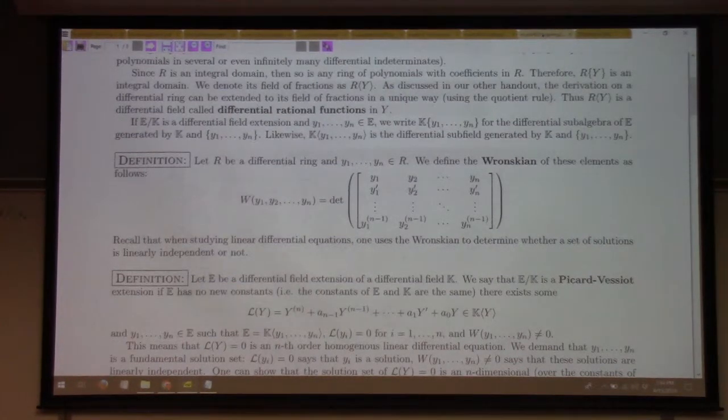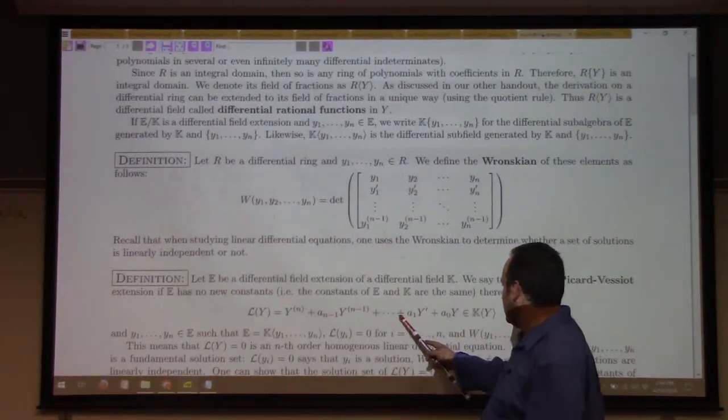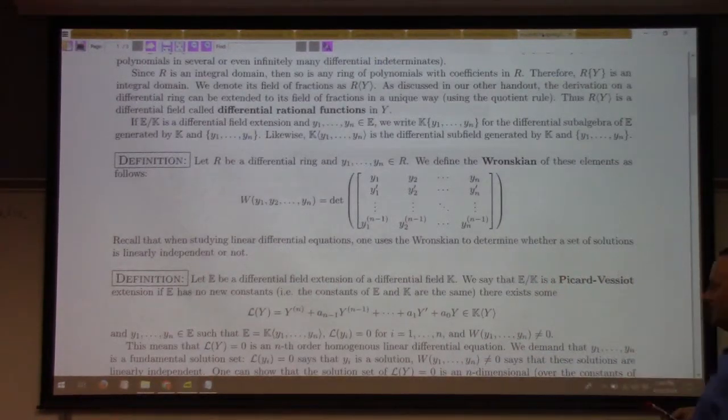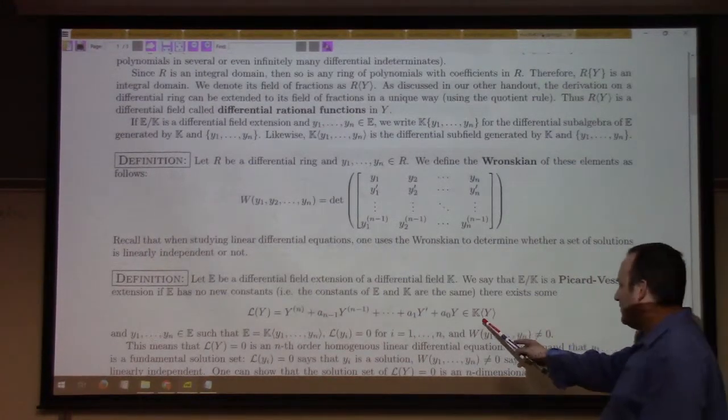And there exists some L of y equal to this, a linear combination of y and its derivatives with coefficients a0 through a_{n-1}, which are in K. That's what this notation means.